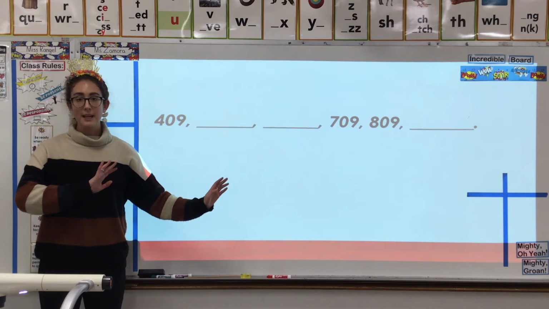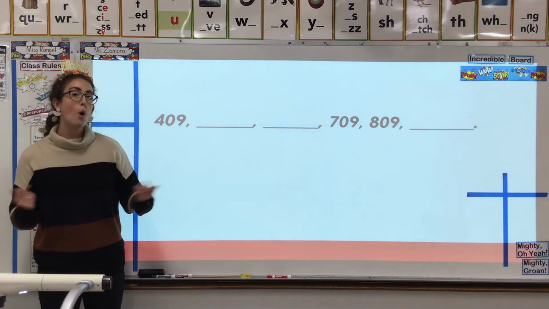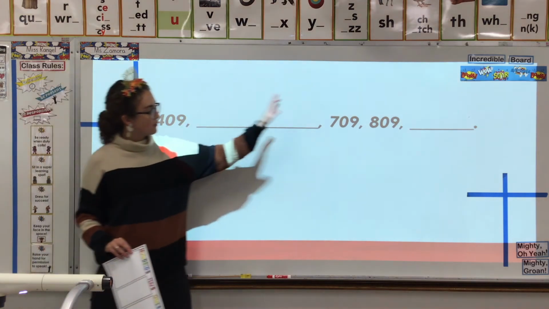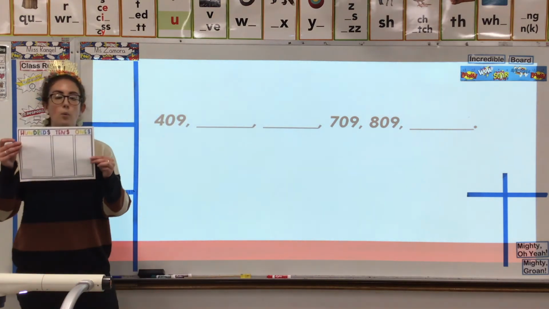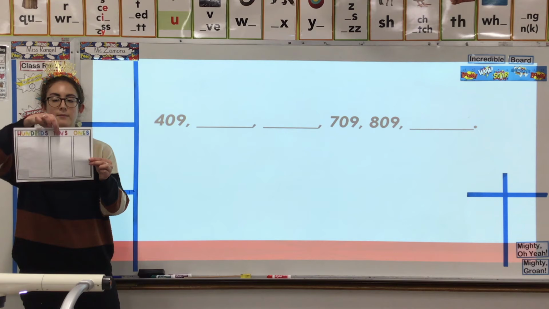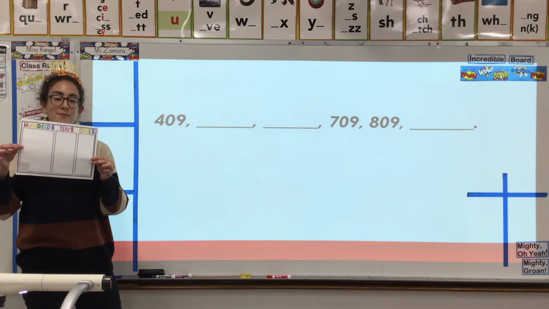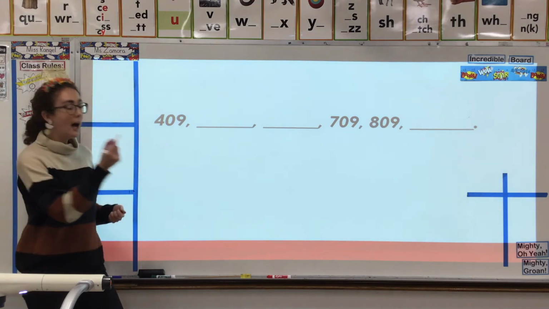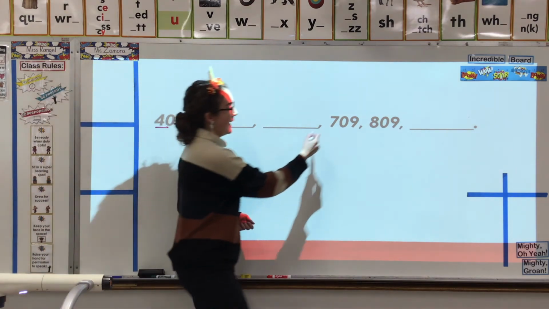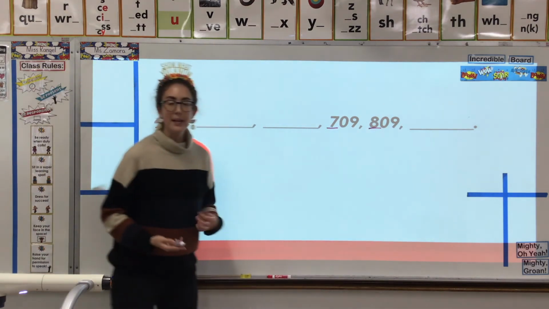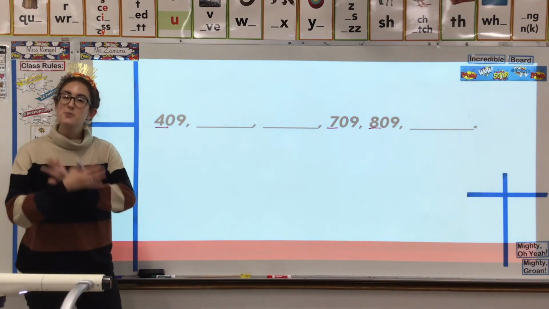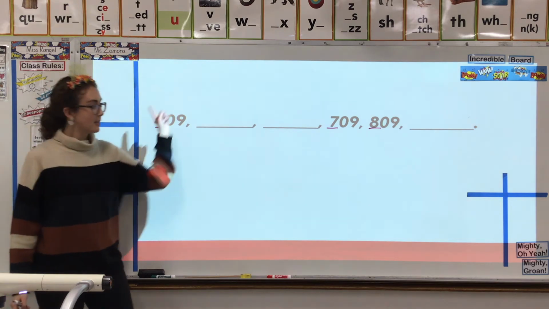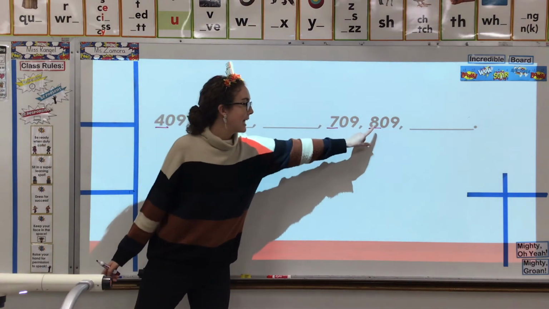Looking at these three numbers, there's still only one part that changed. Between these three numbers, what changed? The hundreds place changed. Even though we were skipping a few, the hundreds place was still the only value that changed. 400s, 700s, 800s.